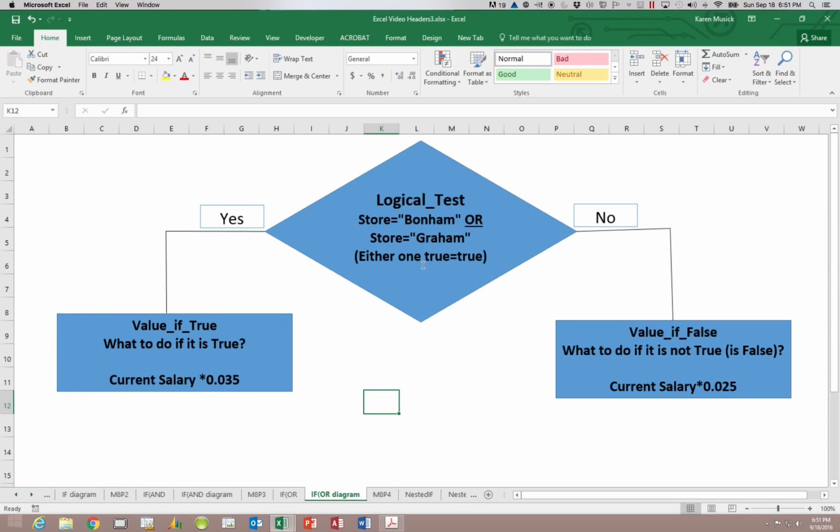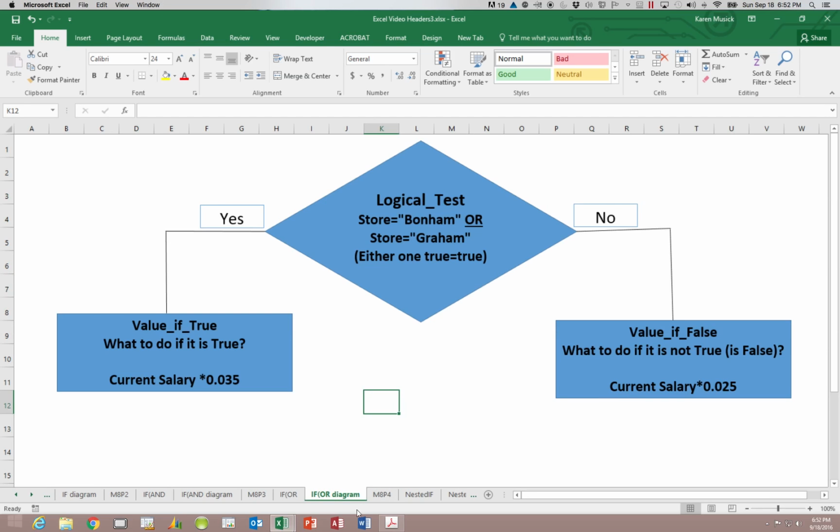If neither of those are true, if they are both false, then we're going to go down this false avenue, and we're going to calculate their increase as 2.5%.